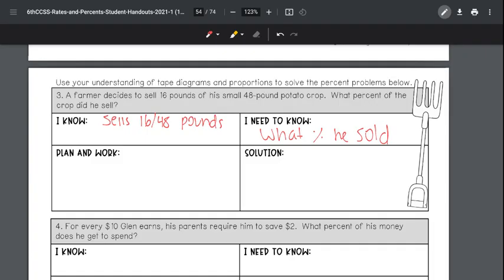So what's my proportion? 16 out of the 48 total is what we sold. What percent over 100 is that? Cross multiply and divide. 16 times 100. Take that answer, divide by 48. And X equals 33.3 repeating percent.